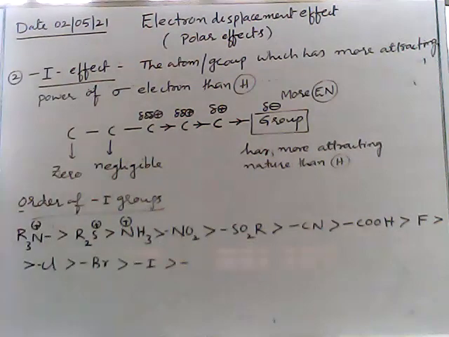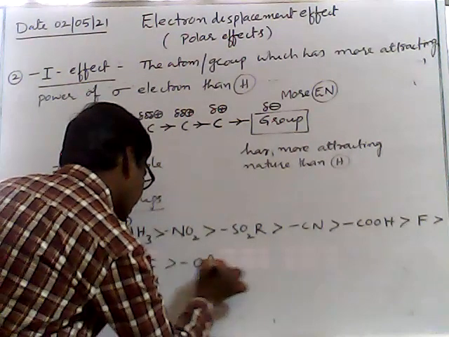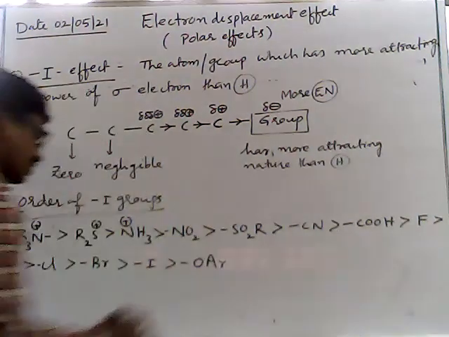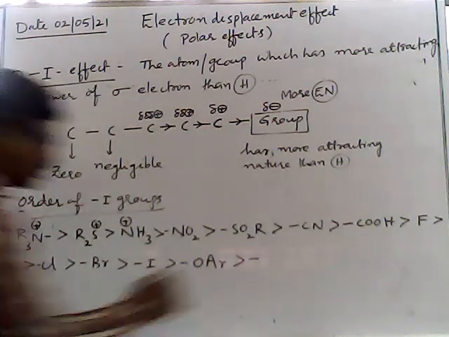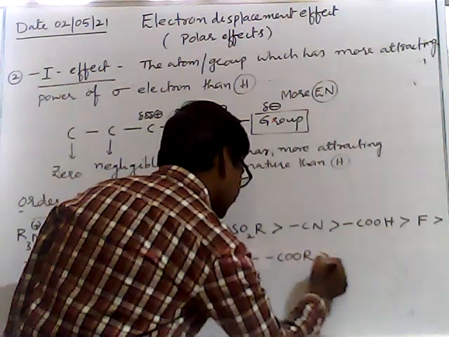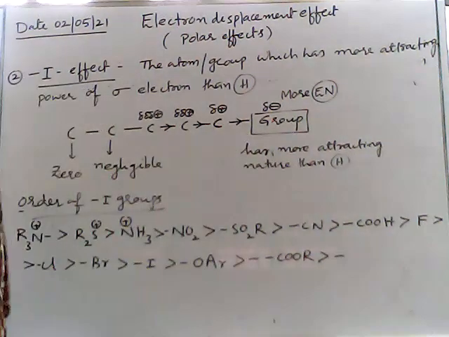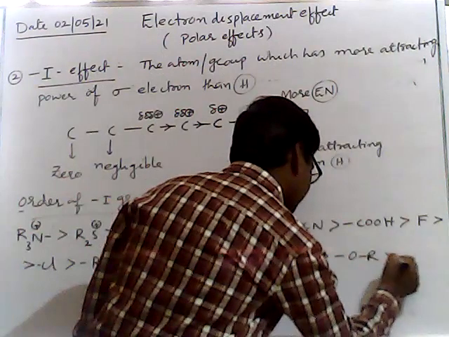Then after iodine we have aryloxy, OAr, otherwise phenoxy we can say. Then after that we have COOR, it is ester. Then after ester we have alkoxy, meaning ether.